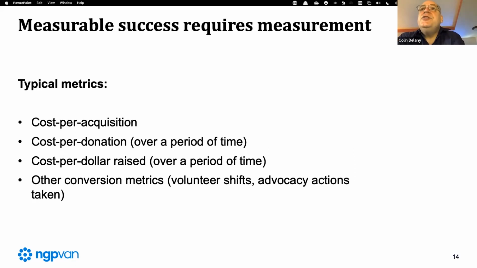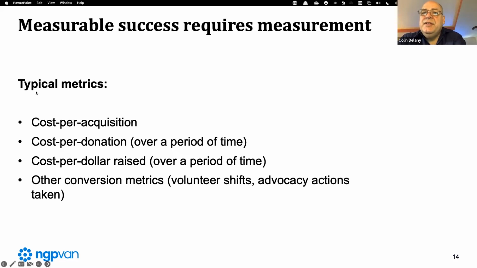And then other conversion metrics, like if you're running a political campaign, yeah, donors are important, but volunteers are also important. Advocacy actions, if you're a 501(c)(3), the petitions people sign or the calls they make to Congress, other advocacy actions they take. These are things we can measure. And this is how we can compare one channel versus another.